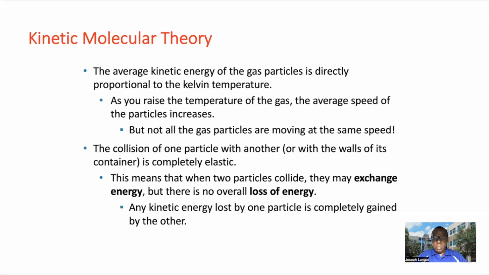They are not the same, so the speed is going to change. Remember, kinetic energy is equal to half mv squared, where m is the mass. And of course, if you think of hydrogen gas and krypton gas, for example, they have different masses, and therefore their kinetic energy cannot be the same.